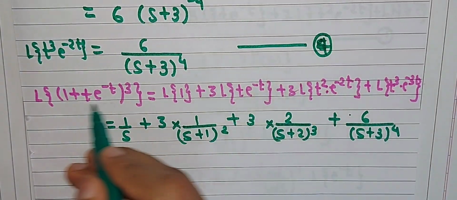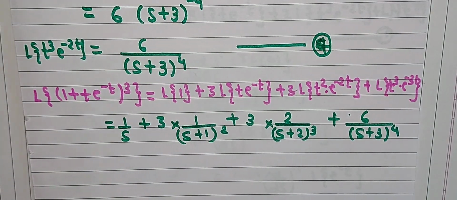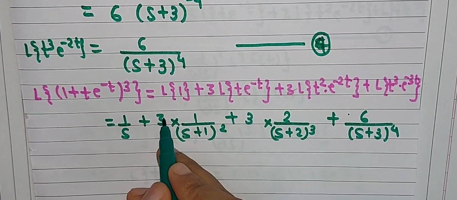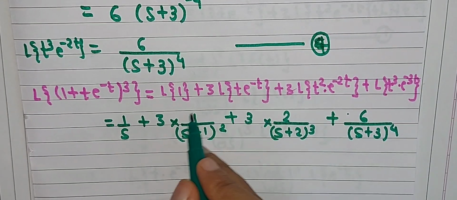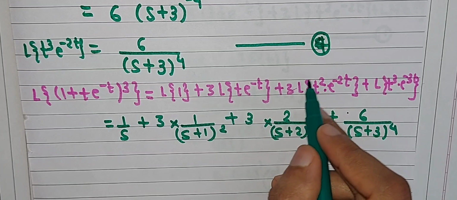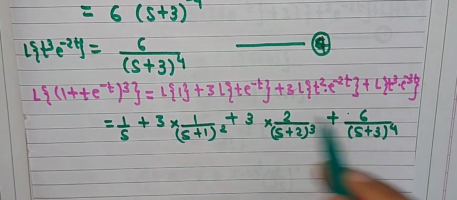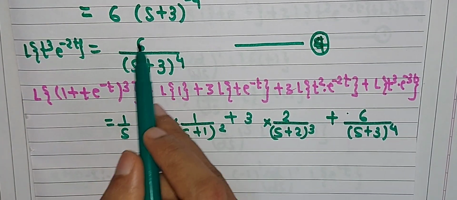This is our equation number 1, and Laplace of 1, of course we have already discussed in lecture number 1, and its value is 1 by s, plus take this 3 as it is. Its value from equation number 2 is this. Okay, plus take this 3 as it is. From equation number 3 we have obtained the value of this Laplace transformation, and plus now from equation number 4 this Laplace transformation will give us this value.